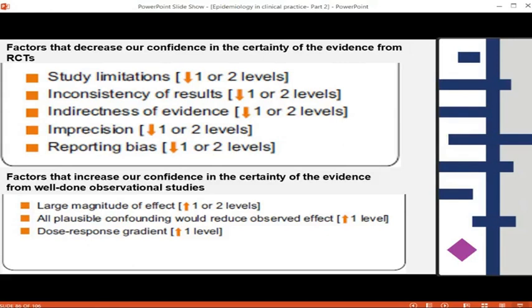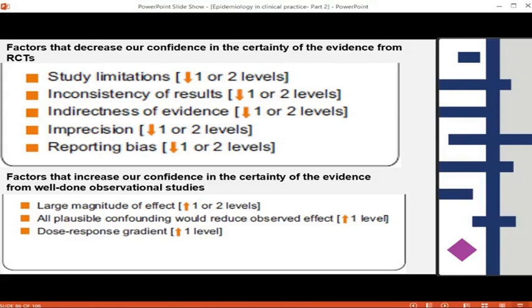So even if it is from an observational study, it's not going to completely change the opposite way. So if you get a risk reduction of something like 90% with some intervention from observational studies which are done well, in the real world, it's not going to become zero. So you say, I'm confident that this is a good result, even though these are observational studies.